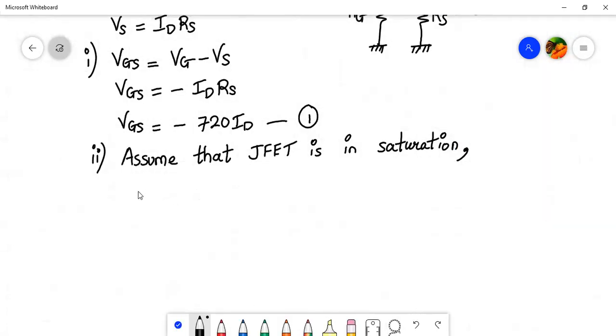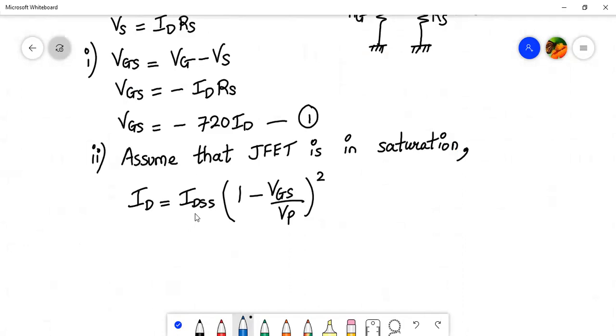So let me write it down. ID will be equal to IDSS into (1 minus VGS upon VP) the whole square. Now let me check. This IDSS value is around 7 milliampere, VGS we need to find, and VP value is around minus 2.5.